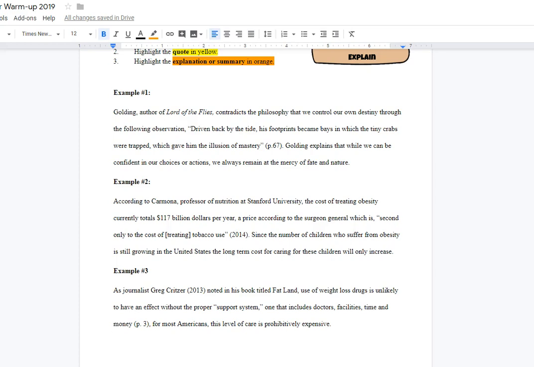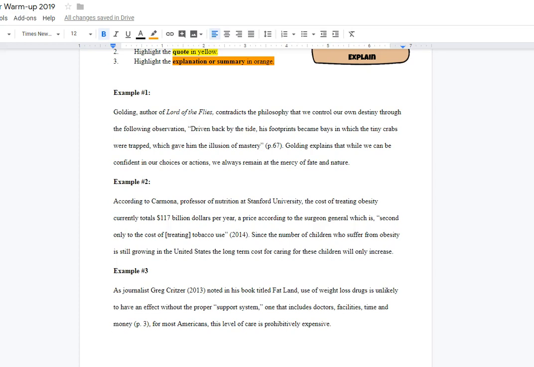All right, the last example, as journalist Greg Kritzer noted in his book titled Fatland. Okay, this is important also because he wrote this book about what this topic is about, which is obese children, and it's a good way to show that this person is credible.